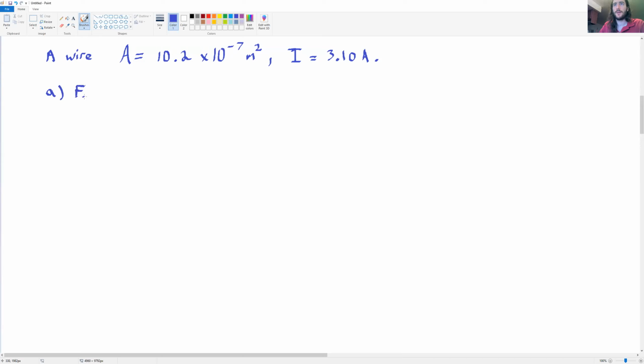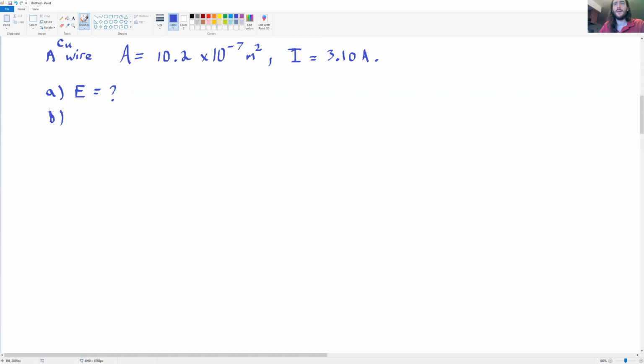What is the electric field? Well, I probably have to tell you it's a copper wire actually. What is the electric field in the wire? I'll write down the information for copper in a second.